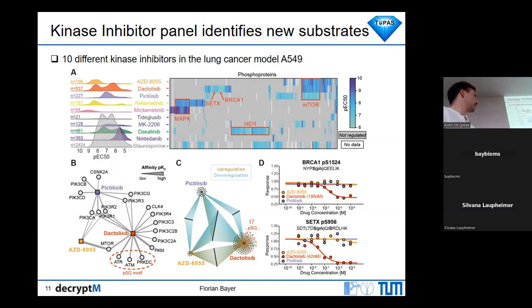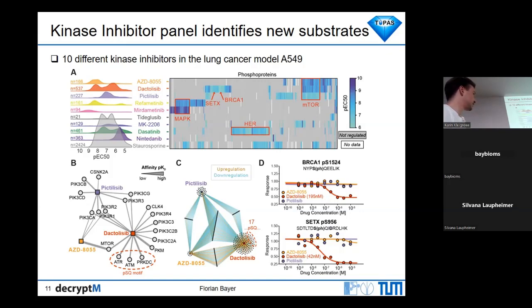And now that we have this matrix and these different clusters of certain signaling components, we wanted to show that it's very powerful and that we can now identify new substrates. This is again Kinobeads, so we know which targets are bound. But if you look, for instance, at dactolisib and only dactolisib-specific responses, we were quite interested in what this cluster is.